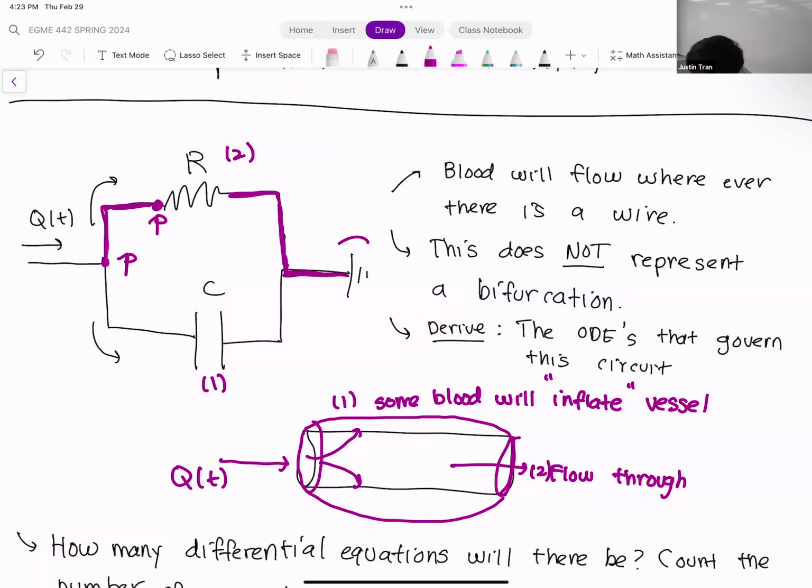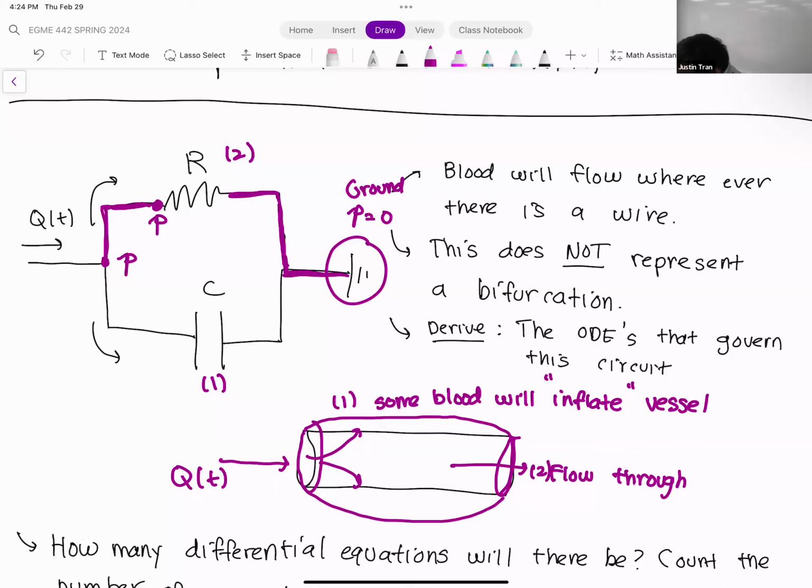Remember, whenever you see the symbol right here, the symbol essentially means ground, and ground is our reference point. So ground is basically where we're going to say the pressure is 0. That's always the case. So whenever you see a ground symbol in your circuit, you're going to assume that it has 0 voltage or 0 pressure.